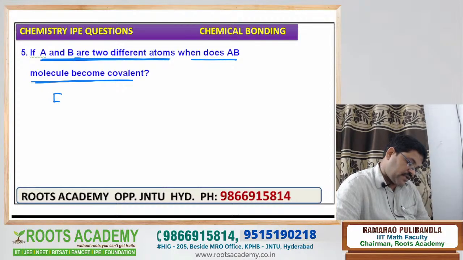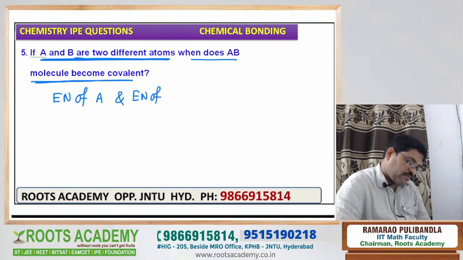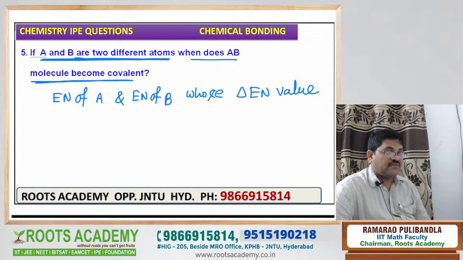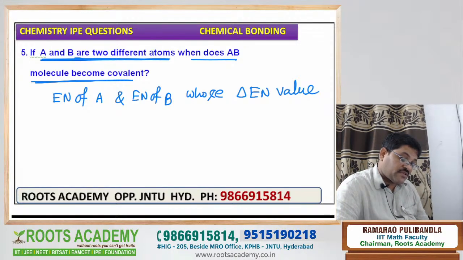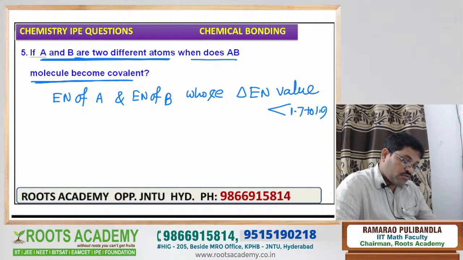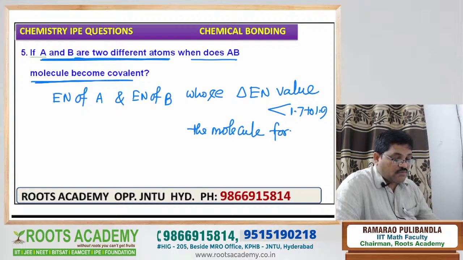The EN value of atom A and the EN value of atom B, whose EN difference, delta EN value, is less than 1.7 to 1.9. Now the molecule forms a covalent bond.